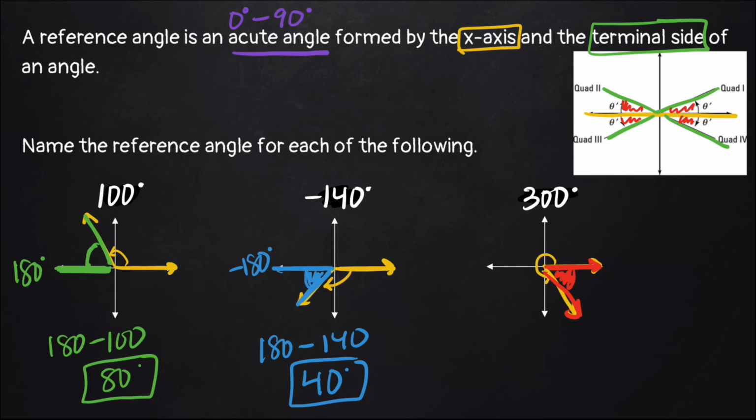Because we've gone almost one full rotation around, that closest x-axis is not 0, it's 360. So I'm going to take 360 and subtract 300 from it, and my reference angle would be 60 degrees. Now, if you said that the closest x-axis was 0, 300 minus 0 is way too big, so your reference angles have to be between 0 and 90.